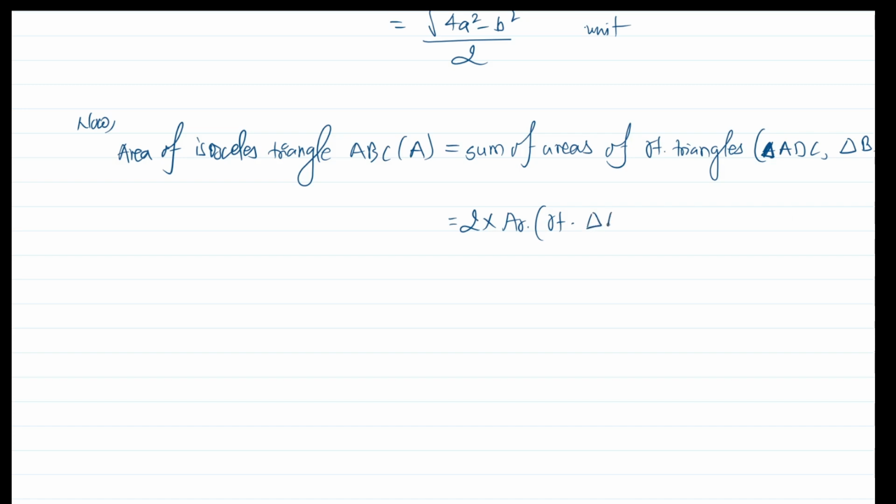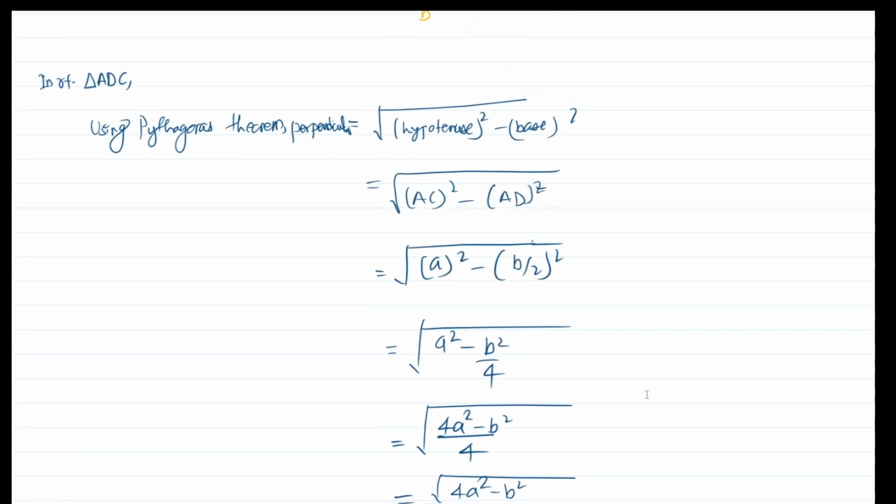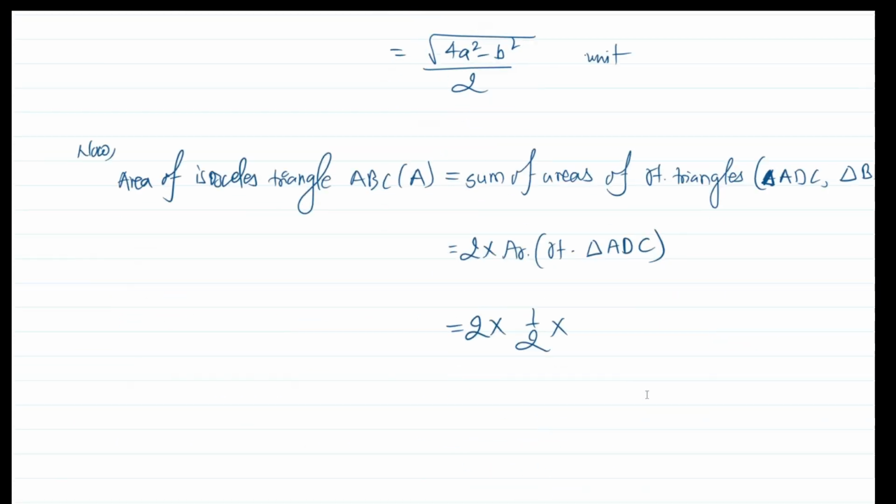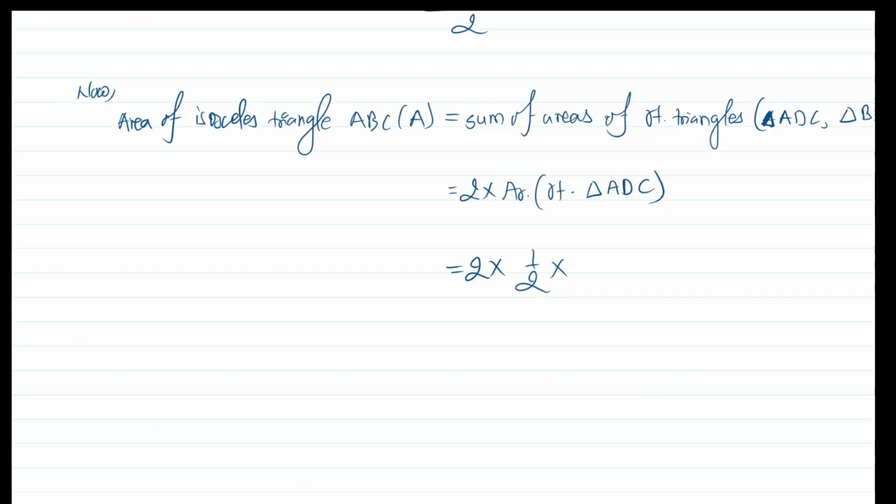Let us consider the first right angle triangle, that is triangle ADC, right? This will be 2 times. In the case of any triangle, when we know the base and height, we can easily evaluate the area, that is half into base into height, right?